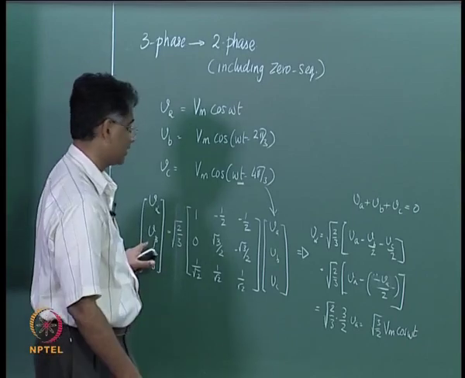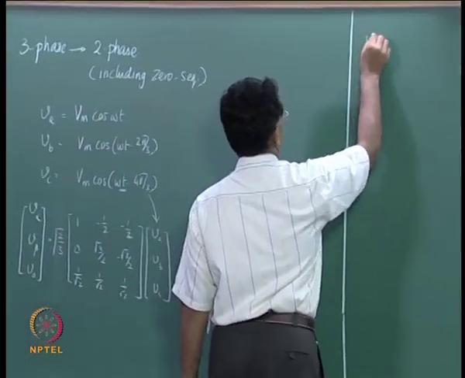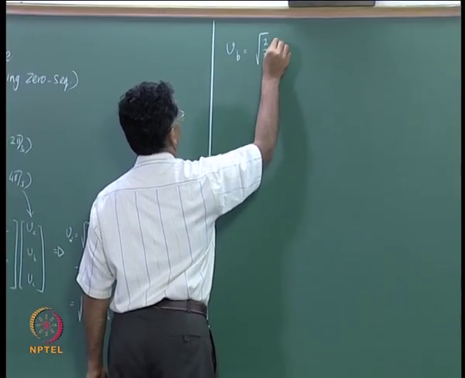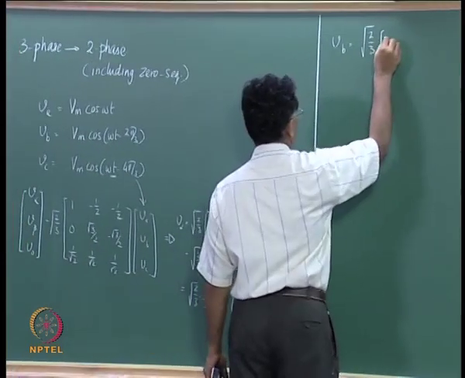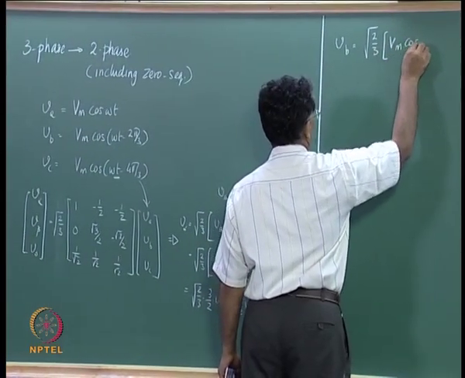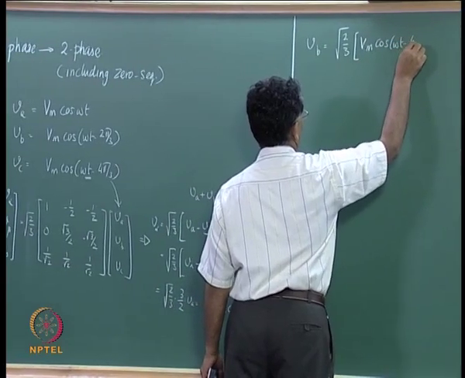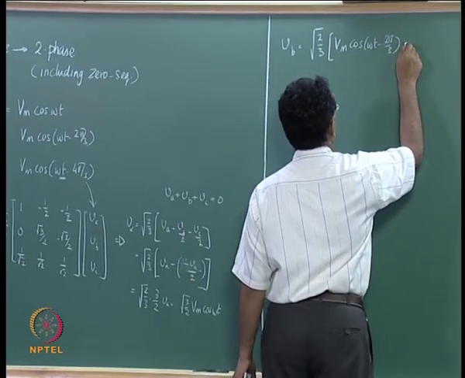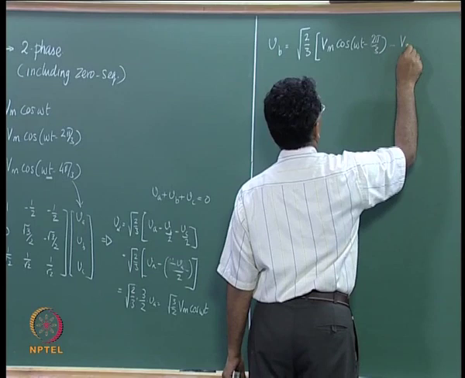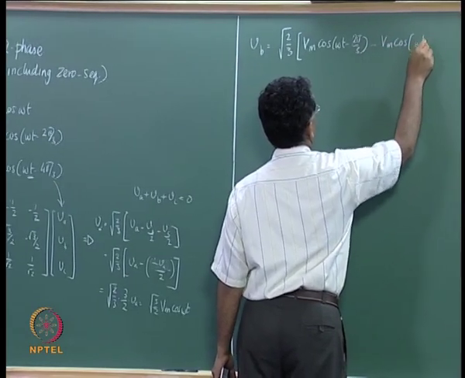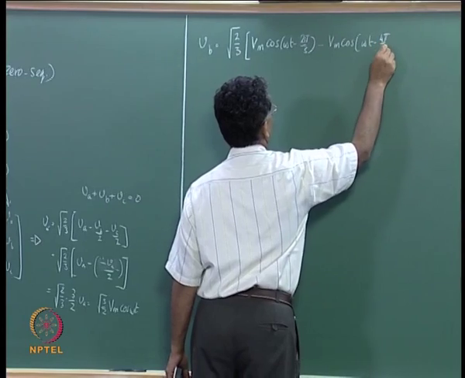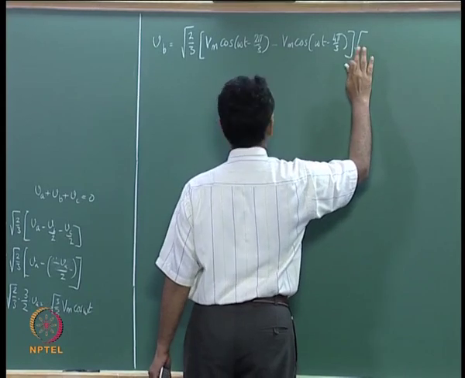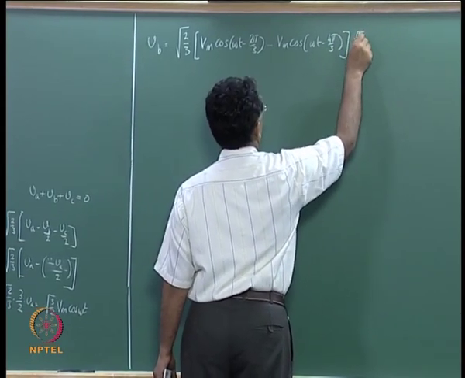What happens to V beta? V beta is nothing but root of 2 by 3 multiplied by Vm cos omega t minus 2 pi by 3 minus Vm cos omega t minus 4 pi by 3, multiplied by root 3 by 2.